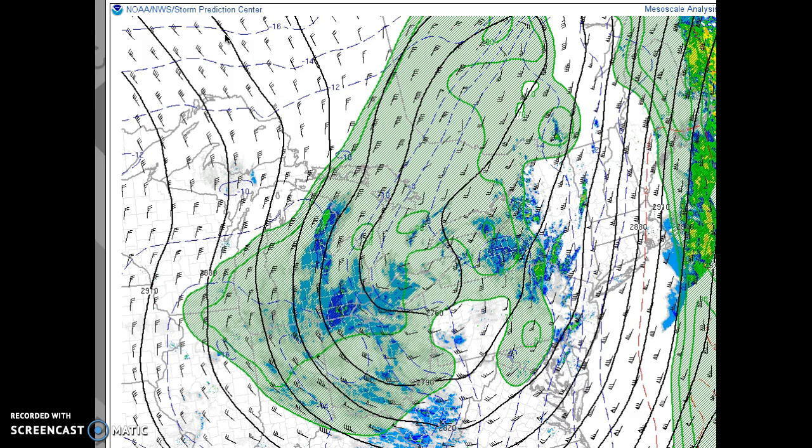There's actually a closed low almost over portions of northwest Pennsylvania and east central Michigan. That trough is going to eventually, over the next day or so, drift off to the northeast.